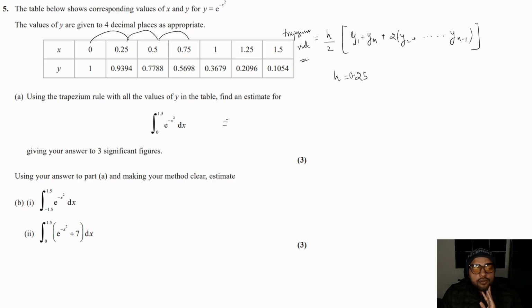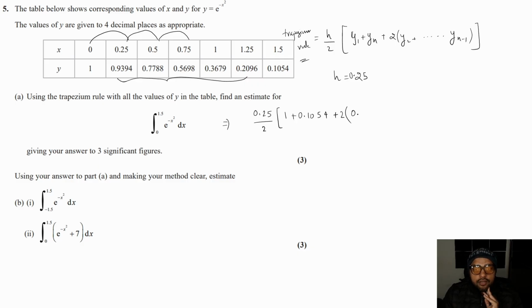On plugging this value here, we are getting 0.25 by 2 in the bracket: y1 plus yn, that is y1 plus 0.1054, plus 2 times of this. All values from here to here will be taken into consideration.